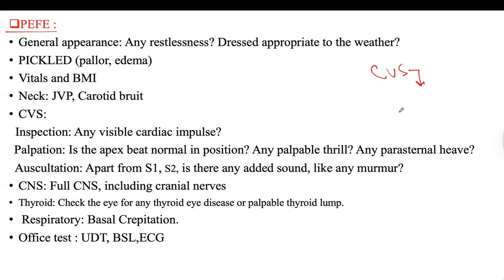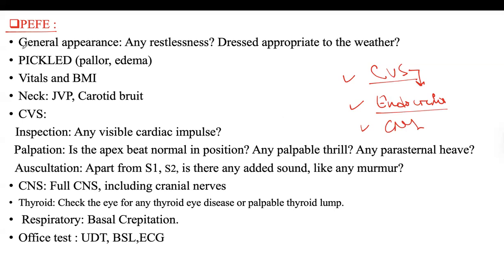What else? After cardiovascular, what else will be important? Endocrine, yes, Dr. Shaira. So endocrine, or especially thyroid examination, will be really important. And then you can think of CNS and all, but cardiovascular and endocrine should be your main systemic exam.